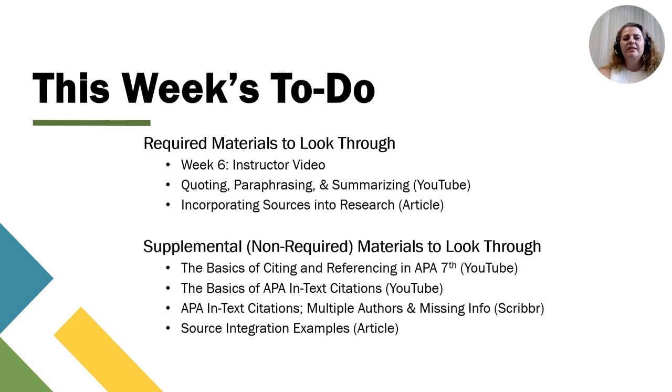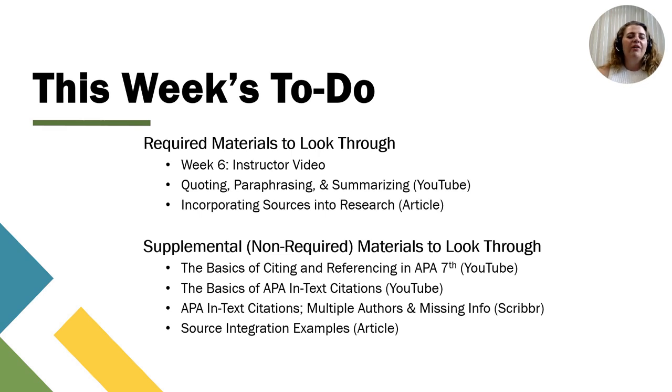This week for our to-do list, we have our week 6 instructor video. We have a video on quoting, paraphrasing, and summarization, as well as an article that is looking at incorporating sources into research. For supplemental and non-required materials to look through, we have a video on the basics of citing and referencing in APA 7.